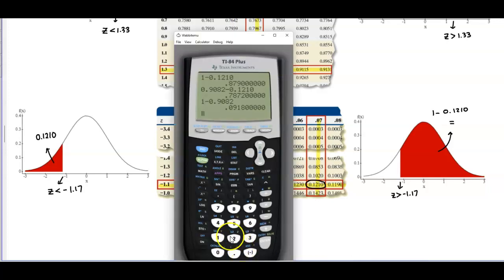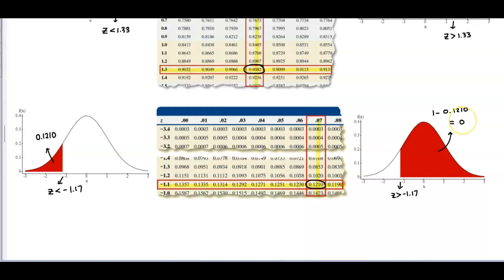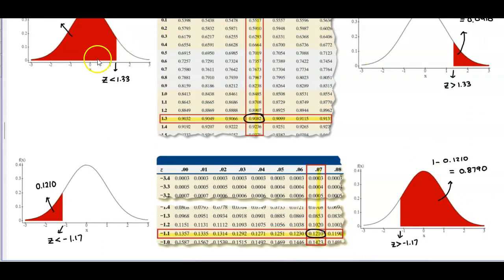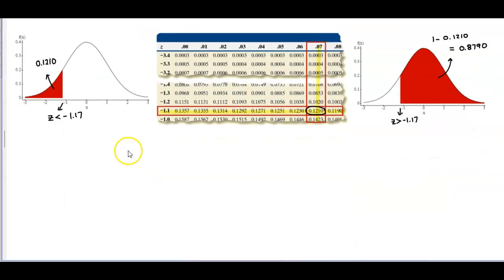If we take our calculator and take 1 and then subtract 0.1210, we get 0.8790. So again, in order to find the area to the right, we need the area to the left. We're going to take 1 and then subtract the area to the left.